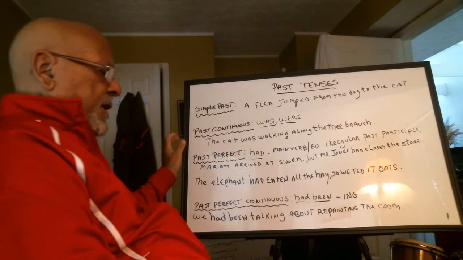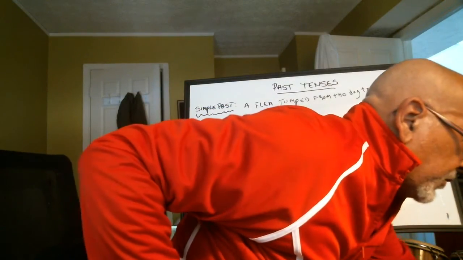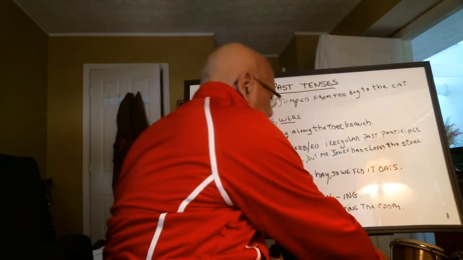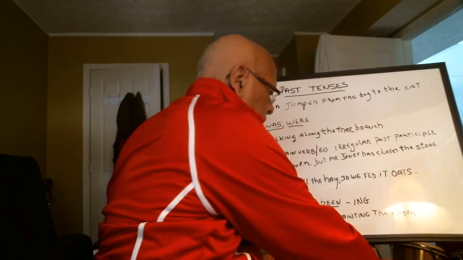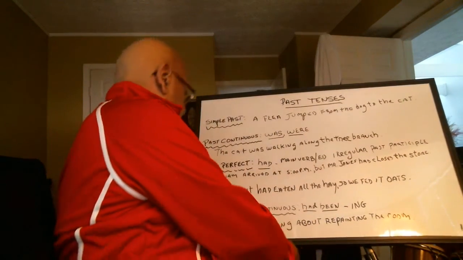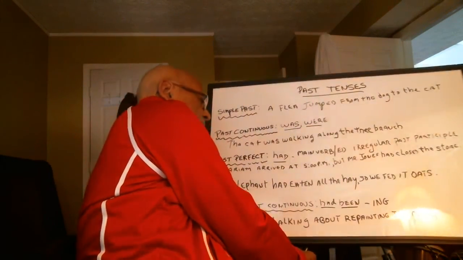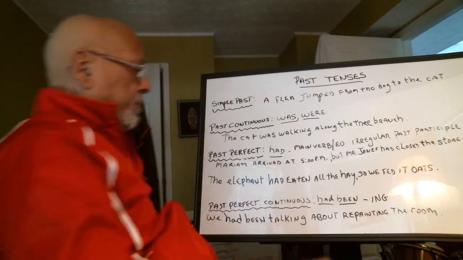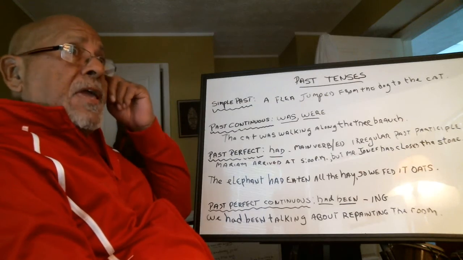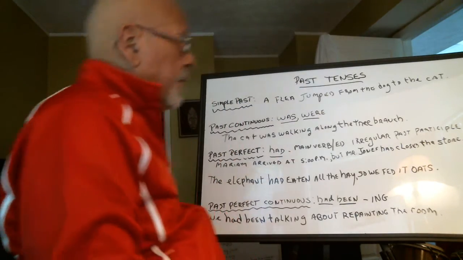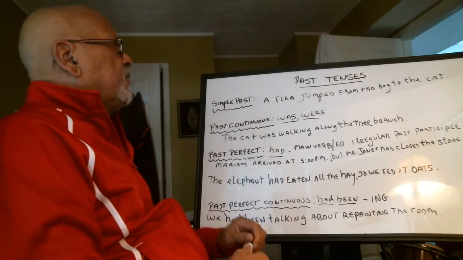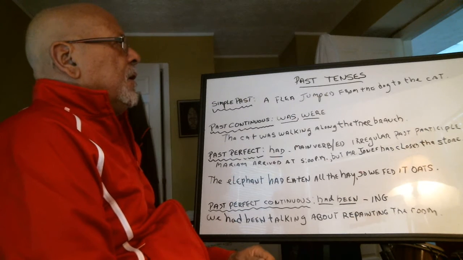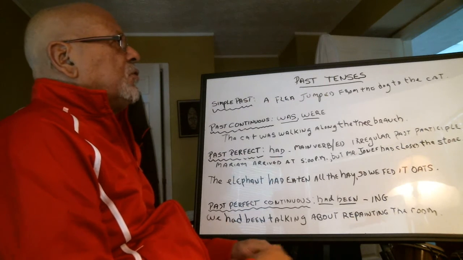So let's look at the simple past. Simple past, like the simple present, only has one verb. So here, the sentence is: a flea jumped from the dog to the cat.